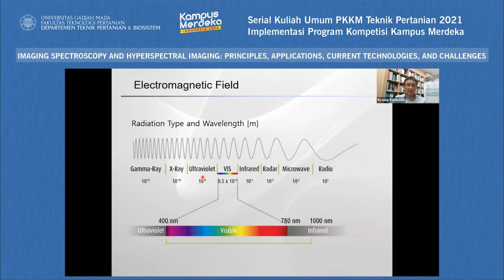Even shorter wavelengths are X-rays, and much shorter, gamma rays, high power but very short wavelengths. Longer wavelengths are infrared, radar, microwave, and radio wave. But the color range is a very narrow range of the electromagnetic spectrum.